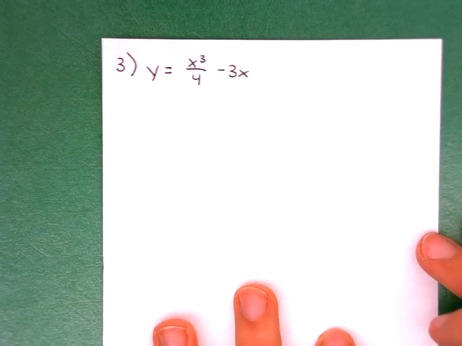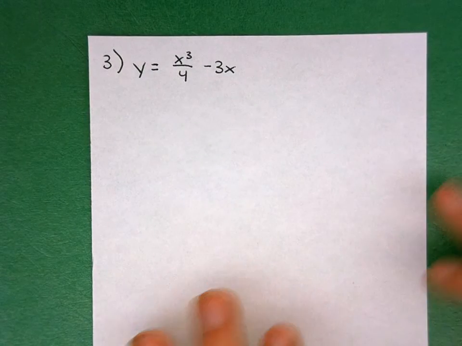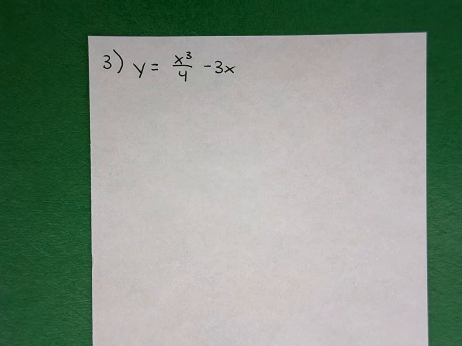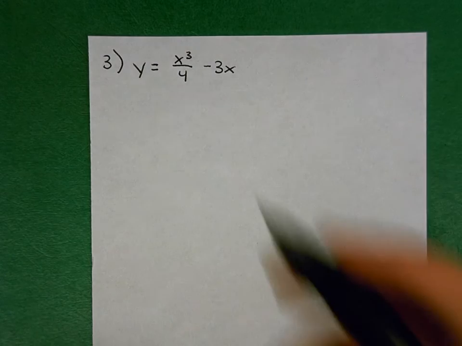Okay, and so then the other one I've picked here is number 3. We have y equals x cubed over 4 minus 3x. And so the same process here, we're going to start with saying, okay, where are there discontinuities? Are there any discontinuities? And looking at this function, I have nowhere where my denominator would equal 0, so I've got no discontinuities. Okay. So next I'm going to be looking for critical numbers.